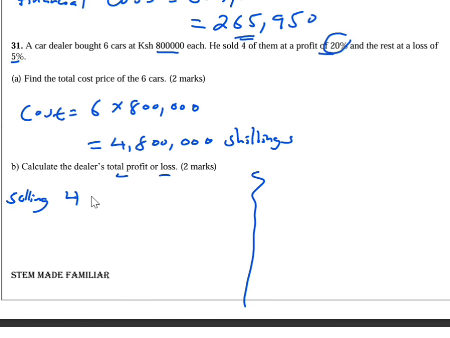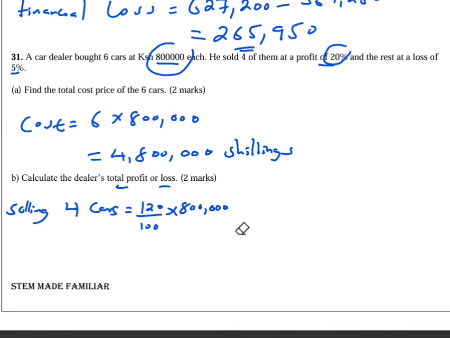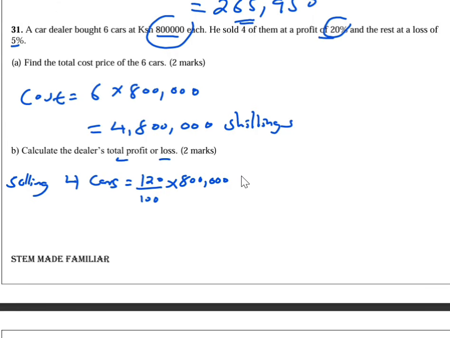So 20% profit, kama ni profit tuna add. So ni 120 over 100 times 800,000, moja linunua 800,000, and then you multiply by how many cars? Times 4. So fanya hiyo hesabu, 120 over 100 times 800,000 times 4, gari ni 4.